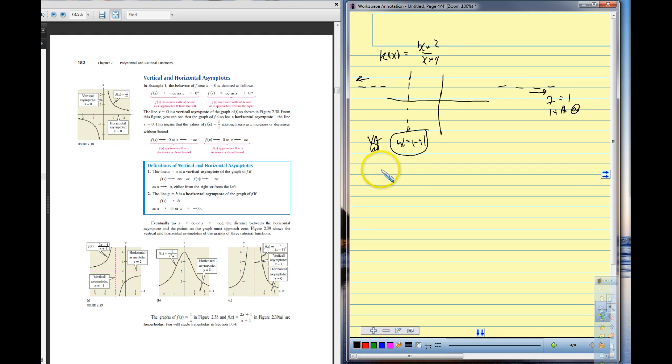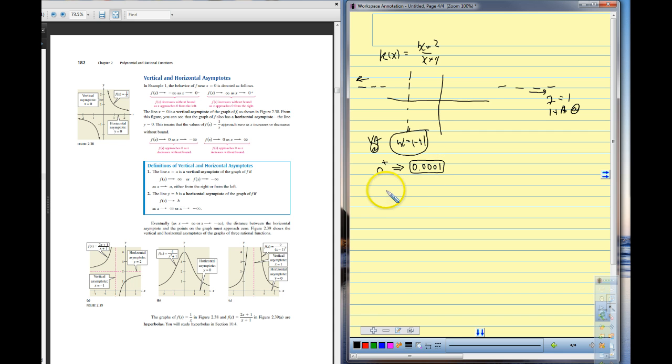So let's talk about it. I'm going to write the number 0 plus. Now when I write 0 plus, that means it's a number like 0.0001, something so small that's near 0.